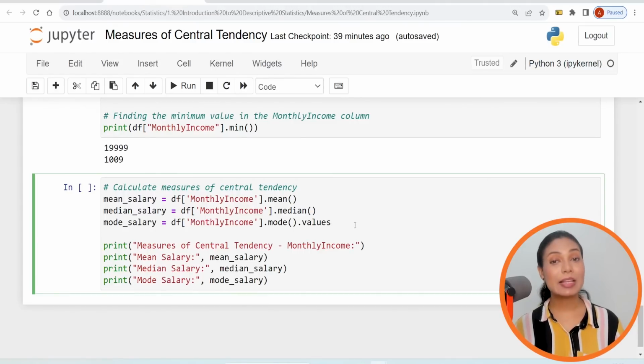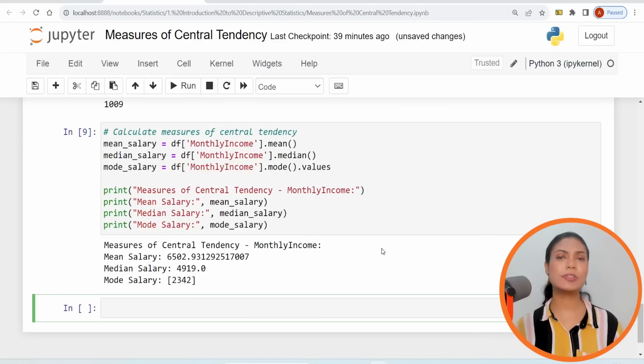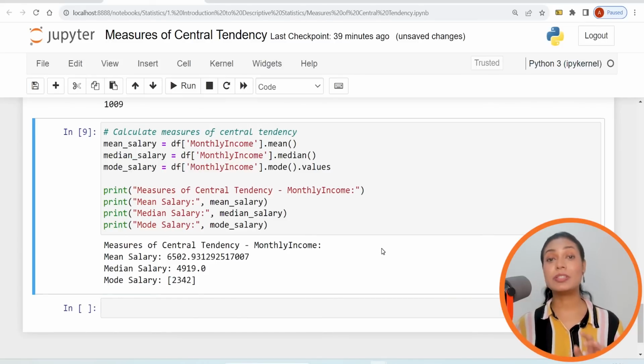Overall, this code calculates and displays the mean, median, and mode of the monthly income column in the df data frame, providing insights into the central tendency of salary distribution in the dataset. If you look at the results, there is a huge difference between the mean salary and median salary, which definitely means that something is off.